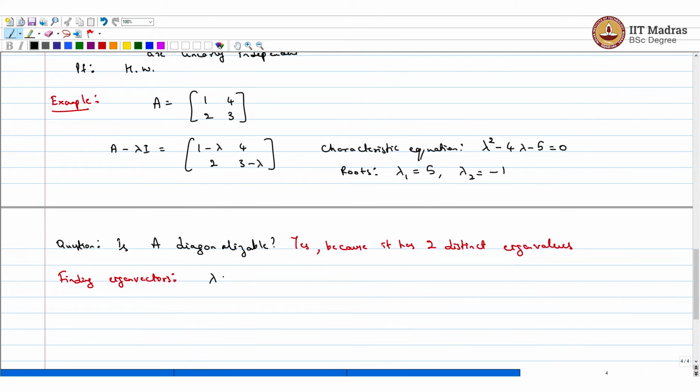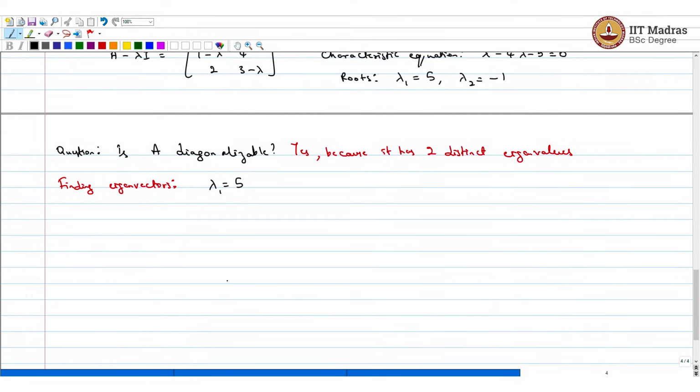So, let us take the first one, lambda equals 5. The corresponding matrix A minus lambda 1 I turns out to be 1 minus 5 is minus 4, you have the other two entries the same, and 3 minus 5 is minus 2.